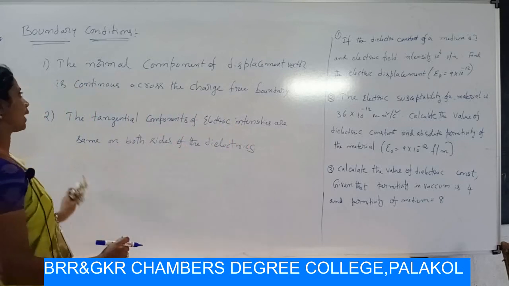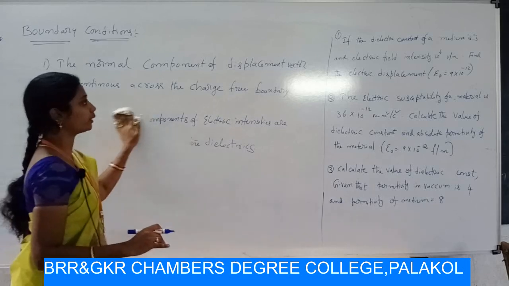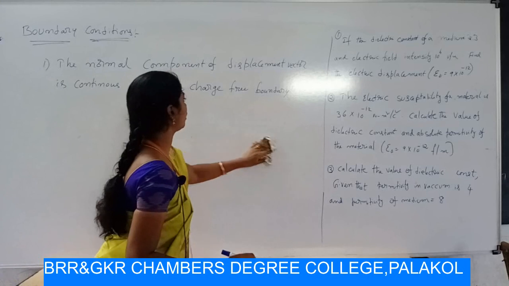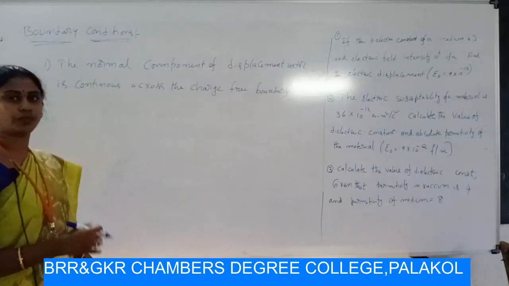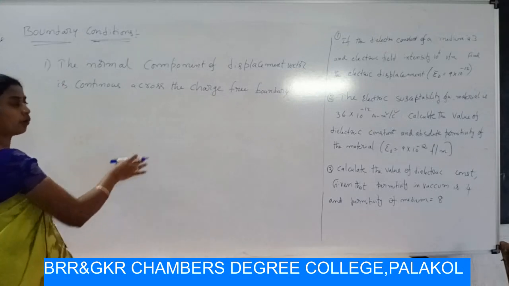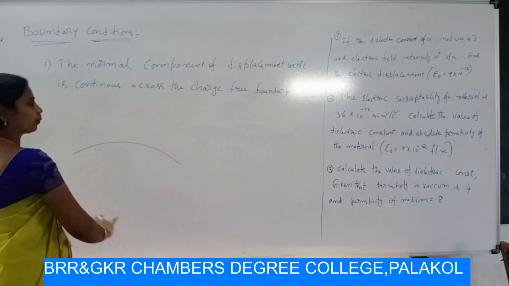First, we explain the first boundary condition, which is the normal component of displacement vector is continuous across the charge-free boundary. For explaining this boundary condition, we consider a boundary line in a dielectric medium.